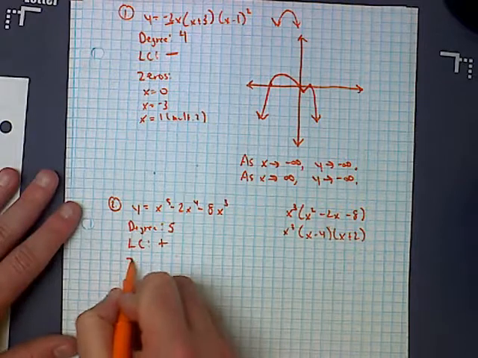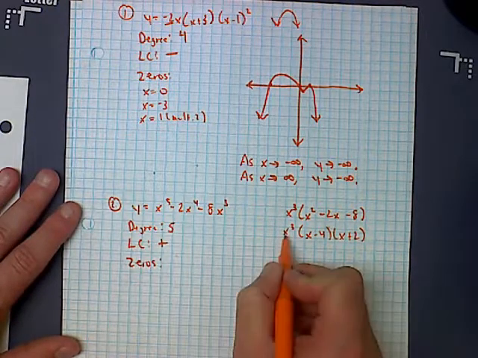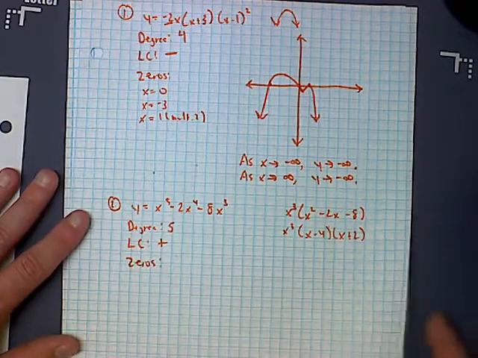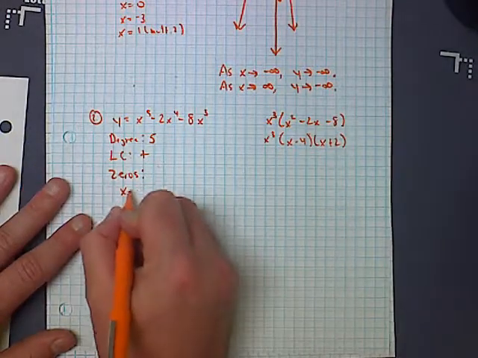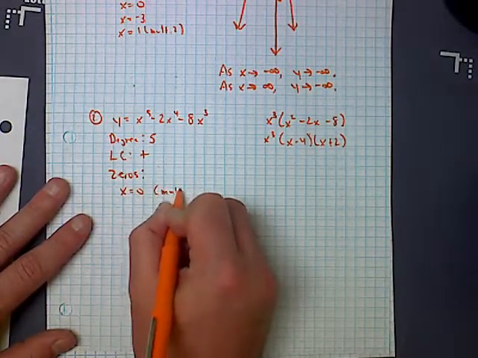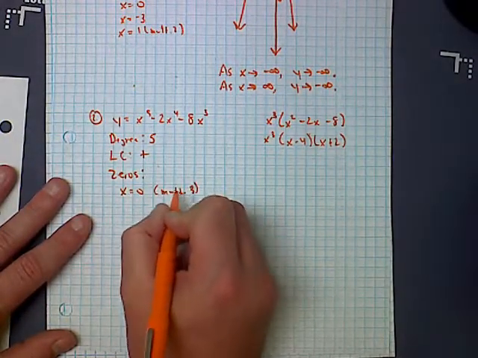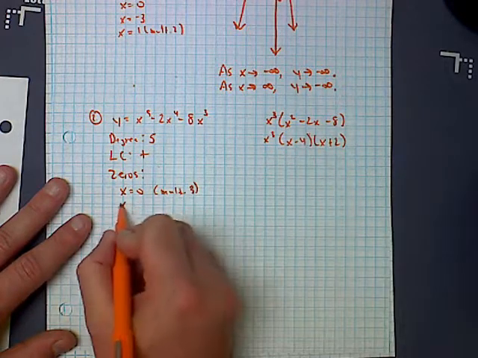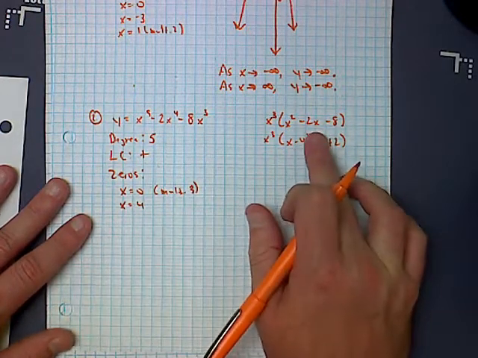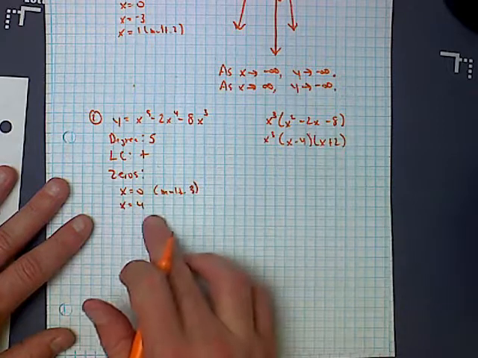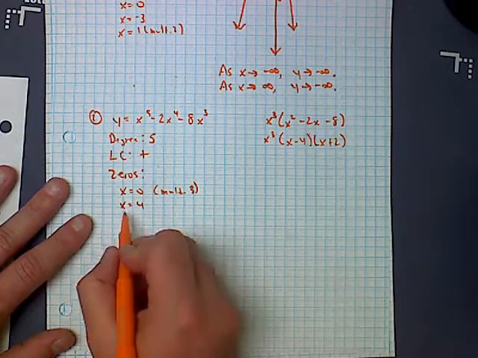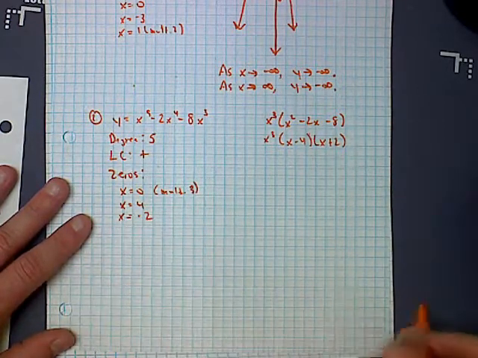Now, I can determine my zeros. First one, x cubed equals 0. x equals 0, multiplicity of 3. Next, x equals 4. There's not an exponent greater than 1, so you don't have to note a multiplicity or anything. Then x equals negative 2.